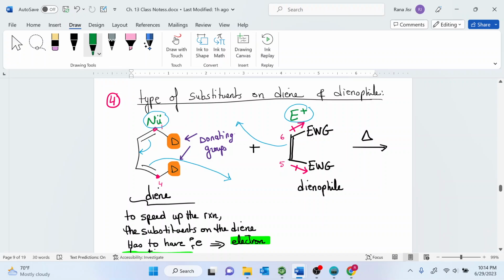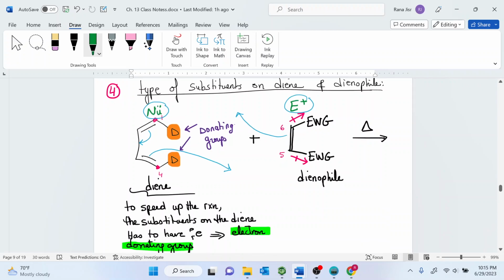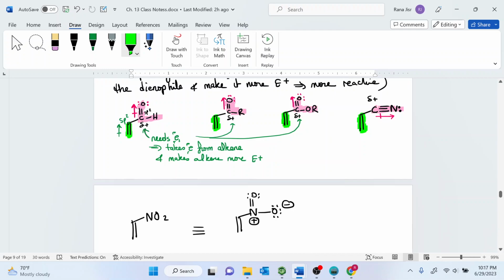Taking electrons from the double bond is going to make that double bond in desperate need of electrons so that you can have a reaction between the nucleophile and the electrophile. These are examples of electron withdrawing groups.